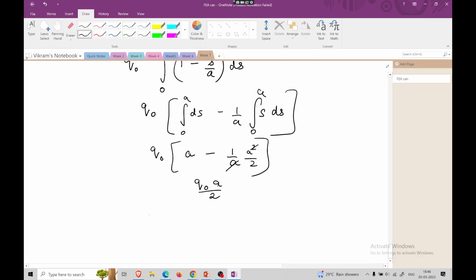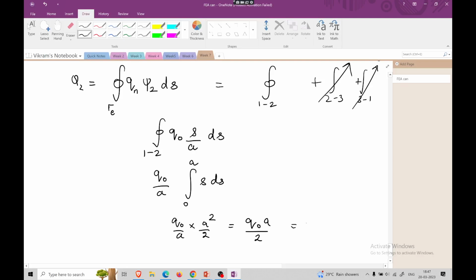Psi 2 is nothing but s by a, right? So simply Q0 by a I can take. So this 1 2 is nothing but the integral 0 to a of s ds. So my Q0 by a into a square by 2, which is Q0 into a by 2. My a is nothing but h12, so Q0 into h12 by 2. This is Q2.